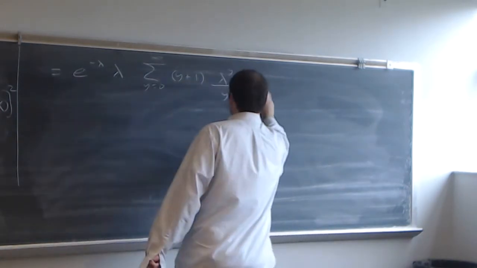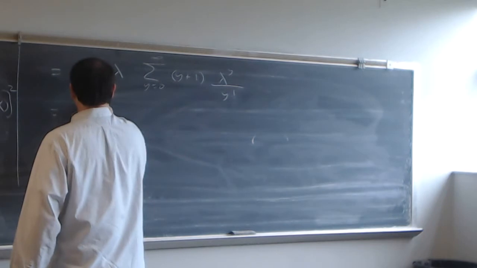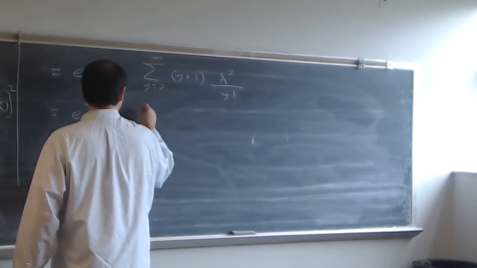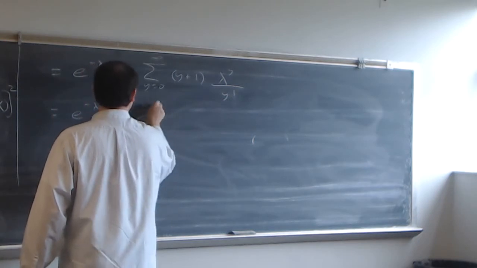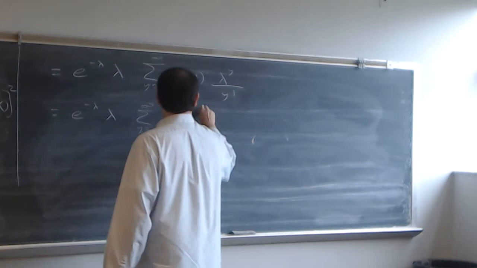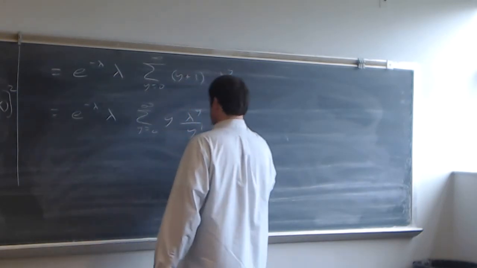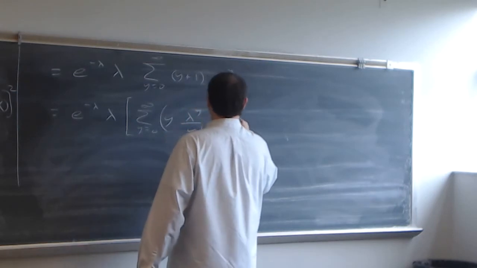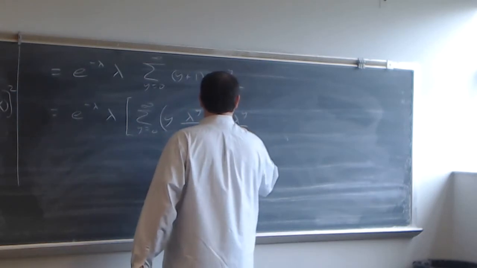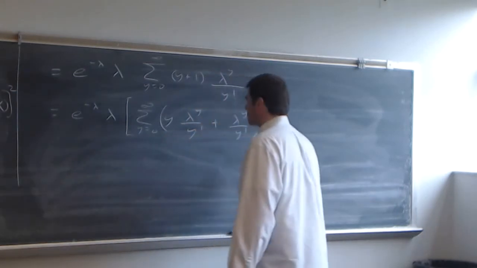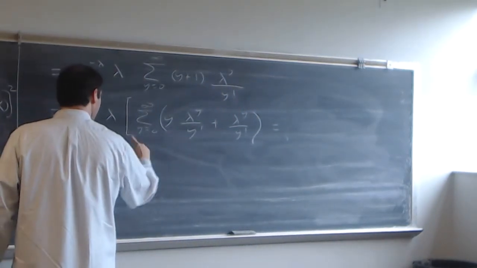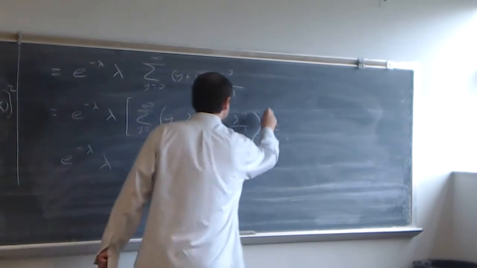So we can break this up. It's the same thing as e to the minus lambda times lambda, the sum as y runs from 0 to infinity of y, lambda to the y over y factorial, plus lambda to the y over y factorial. That's equal to e to the minus lambda times lambda. We break this up into two sums.